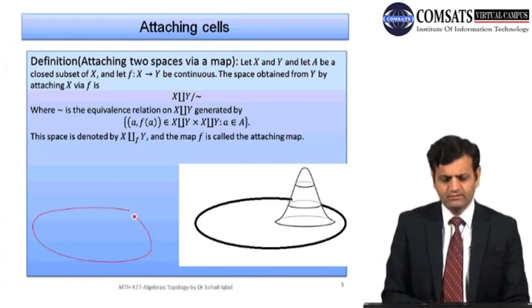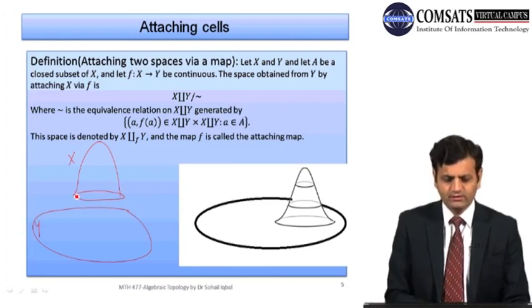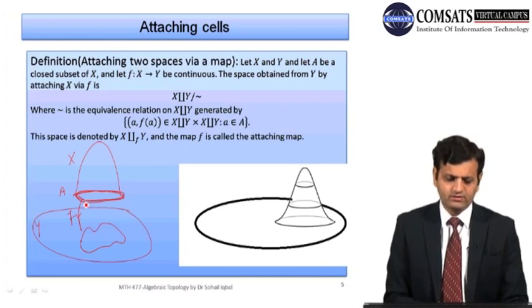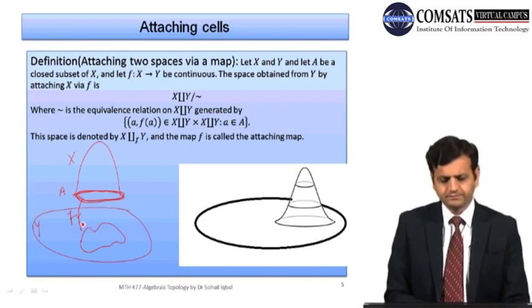Suppose I have a space Y and a space X. To attach the space X to Y, choose a closed subset A of X. Let's assume this circle is the closed subset A of X. Then define a map from A to Y. Let's assume this closed curve is the image of this circle inside Y.